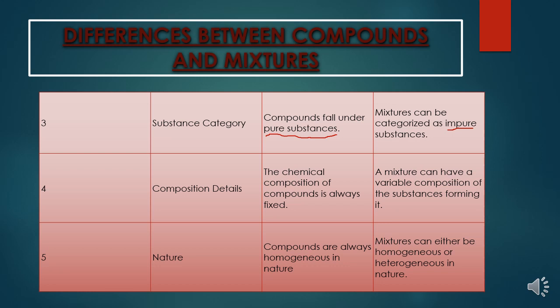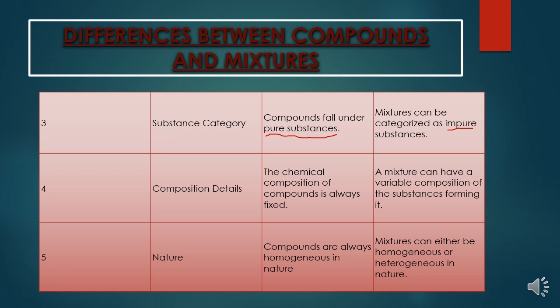The way atoms are combined in a compound has its fixed composition, which allows it to be stable, whereas a mixture has a variety in terms of composition, which means one substance can be in excess of the other. Why? Because they are not chemically combining but physically combining.